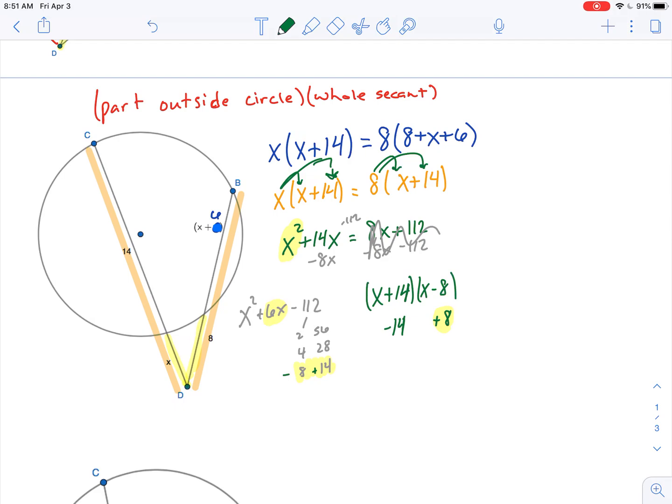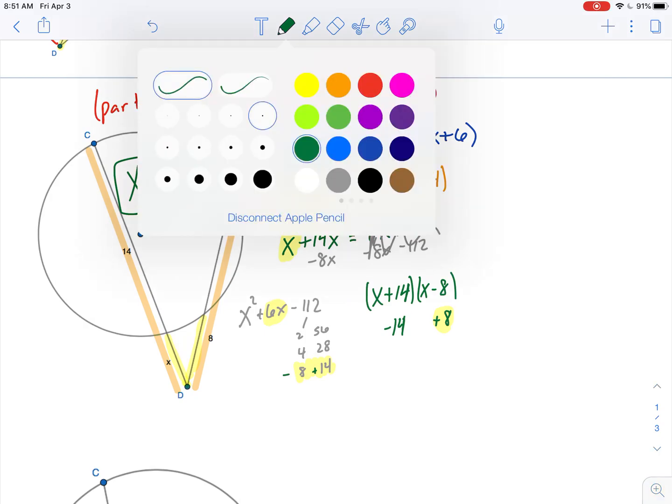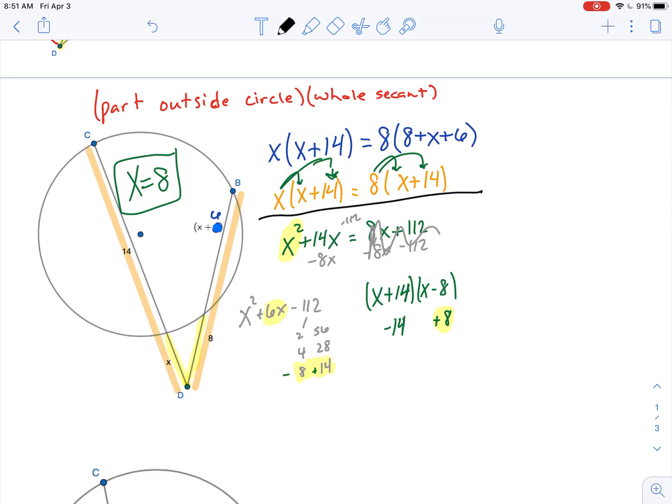And we only want the positive value for x. I can't have a length that is negative 14 inches long. I can't be negative 14 miles from Morris, Illinois. So I'm only going to take that positive value. So x would be just 8.